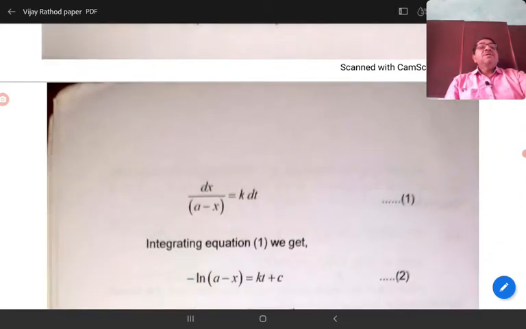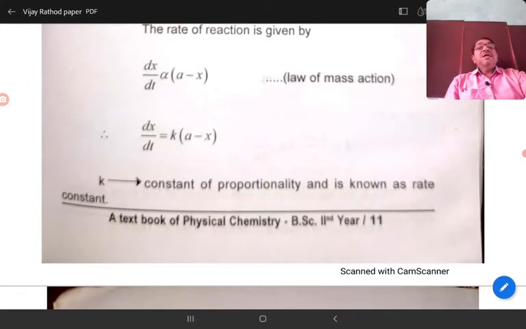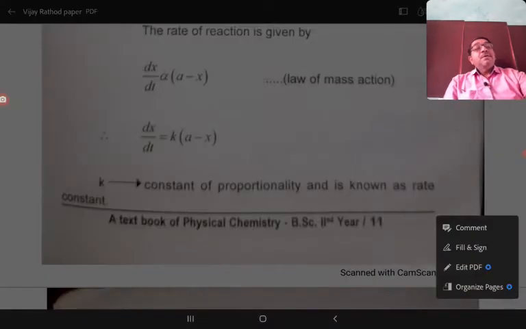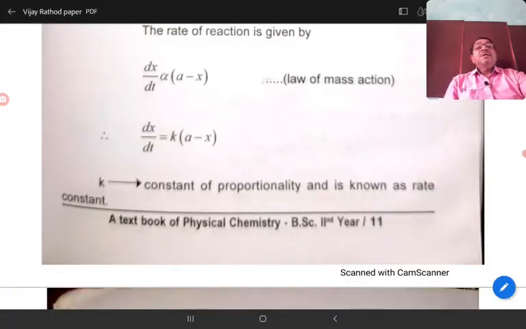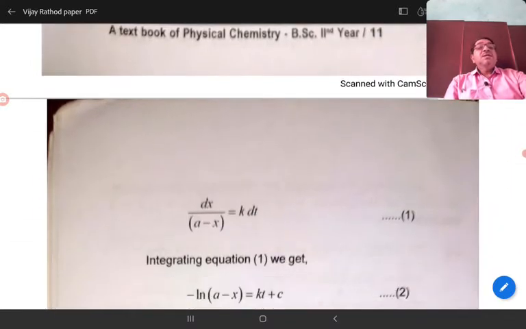When we consider the same reaction, dx by dt is equal to k into a minus x. When we rearrange the terms, as shown in equation 1, dx upon a minus x is equal to k dt.